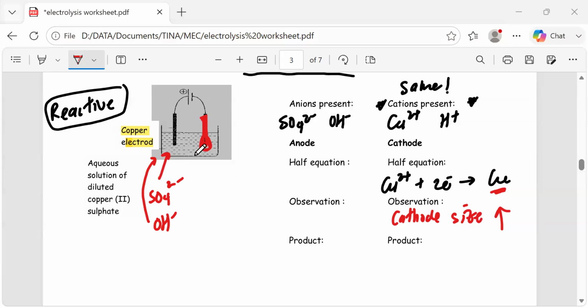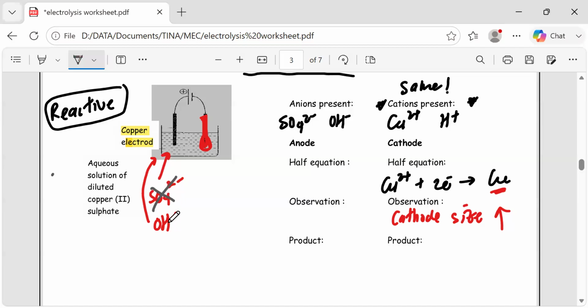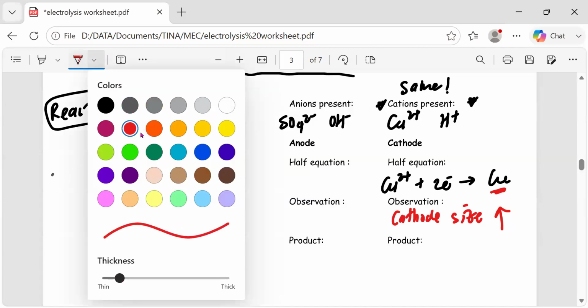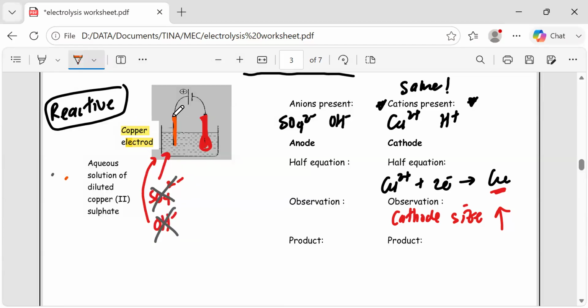Okay? So what happens is sulfate will not be chosen. Hydroxide will not be chosen. Instead, this is copper metal, right? This copper metal says, I want to react. Okay? So the half equation is exactly reversed from this.